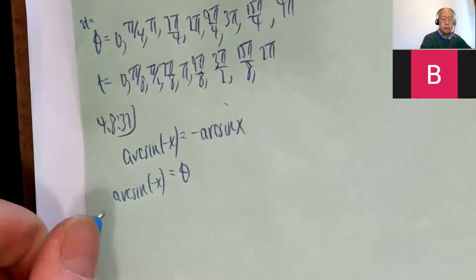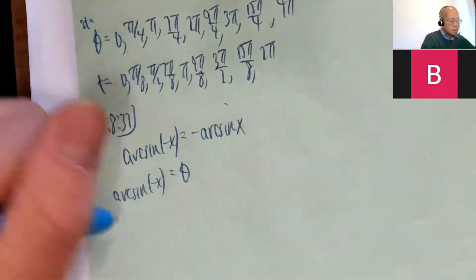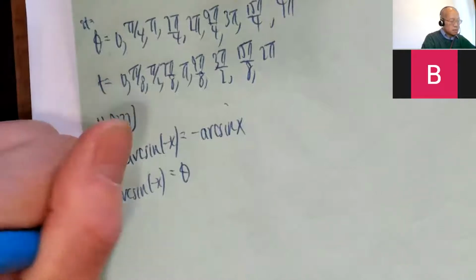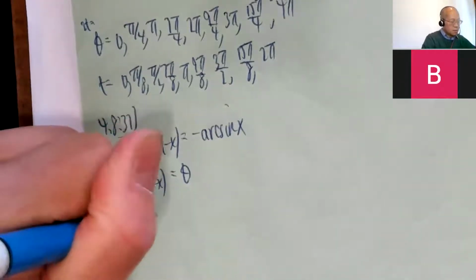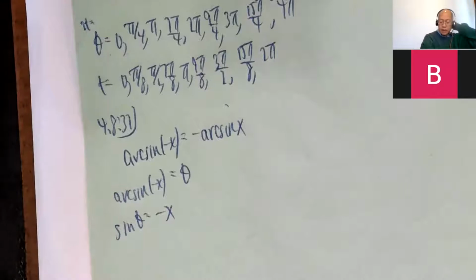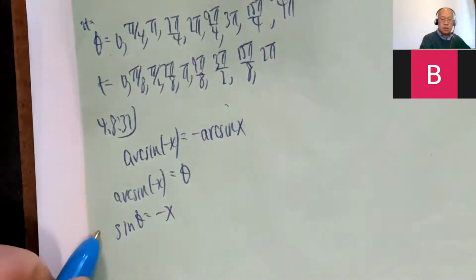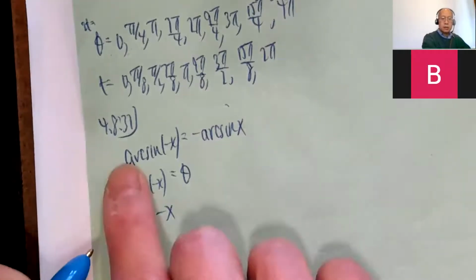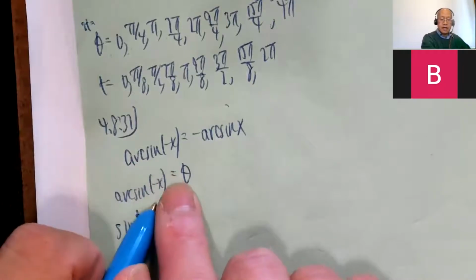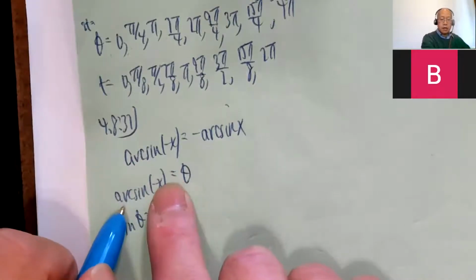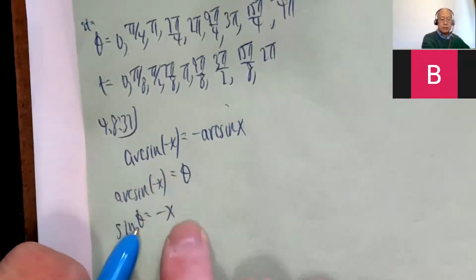So sine of theta equals negative x. That's what it means. I'm not taking the sine of negative x, I'm taking the arc sine, so I must be taking the sine of something else.